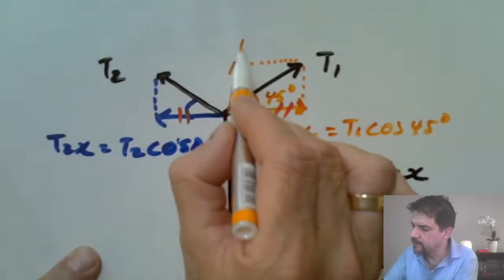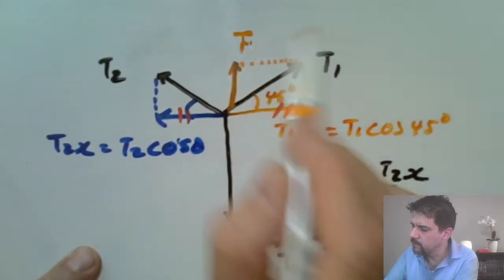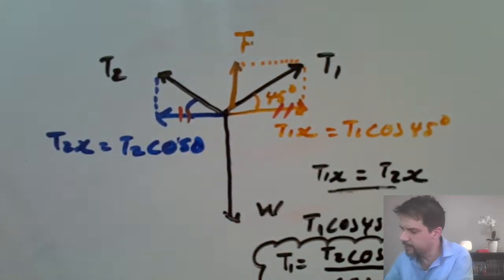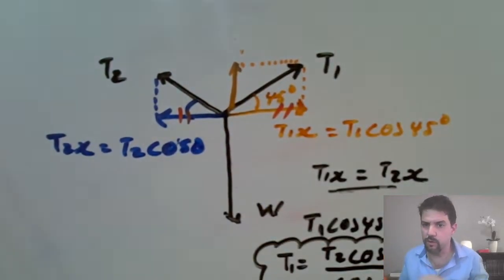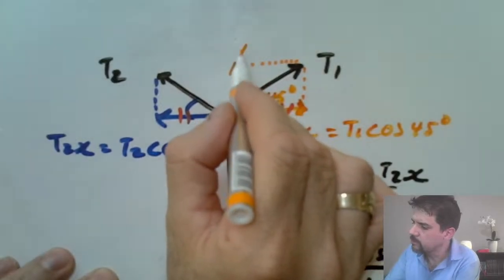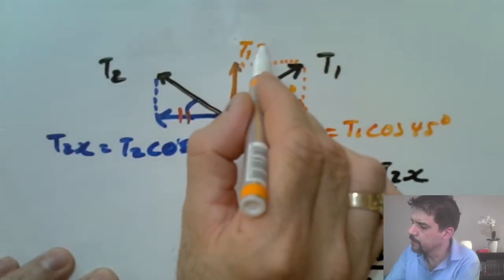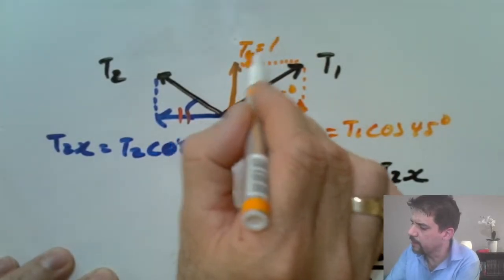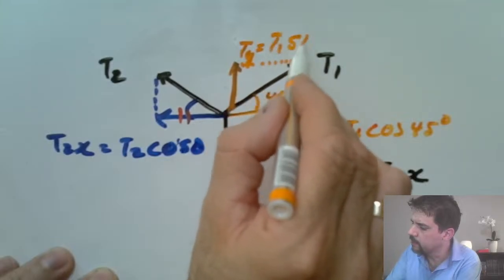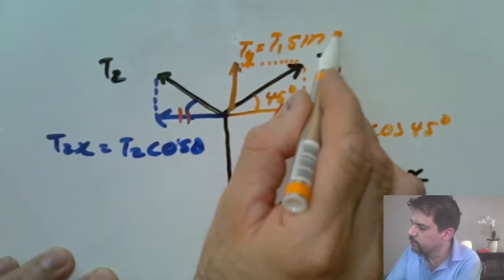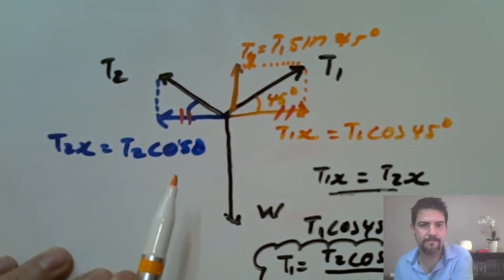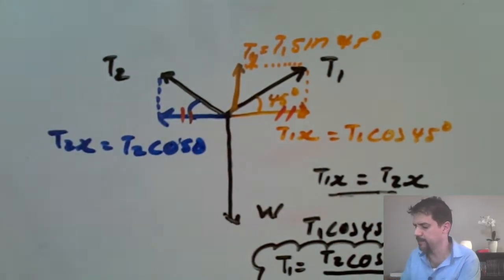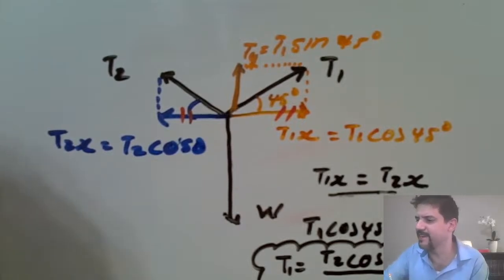Let me just note it like F. We keep T. T stands for tension, and another time we'll learn about tension. T1 in y is equal to T1 sine theta, which is 45 degrees, because it's opposite to the angle.